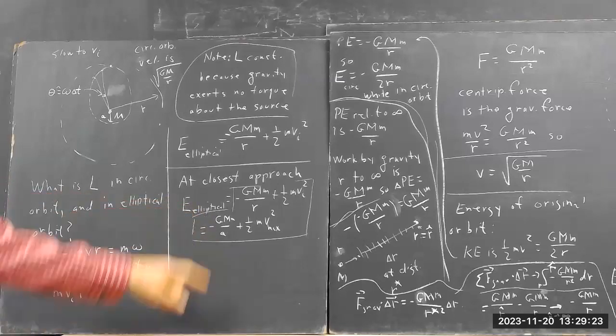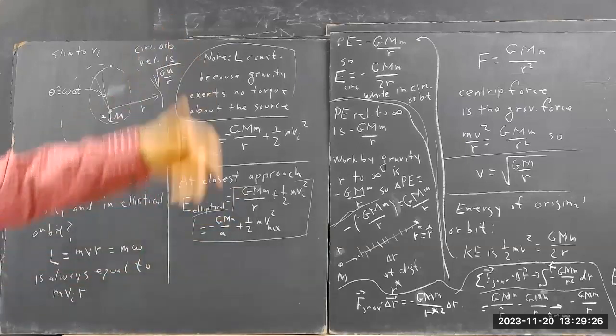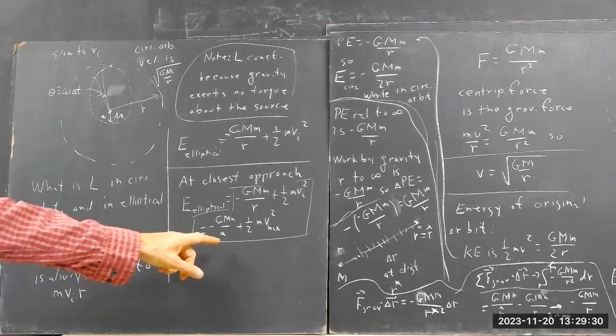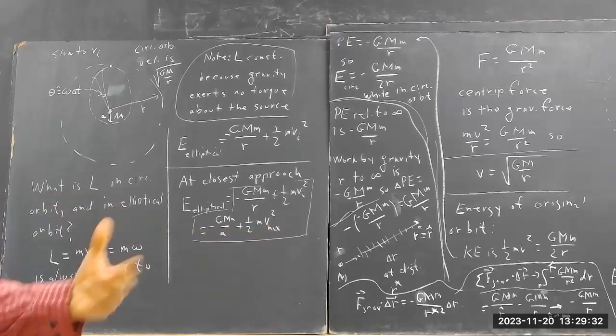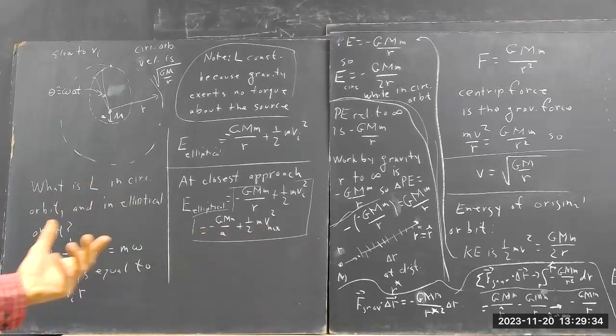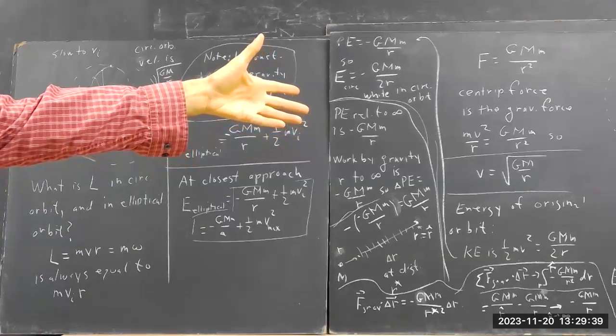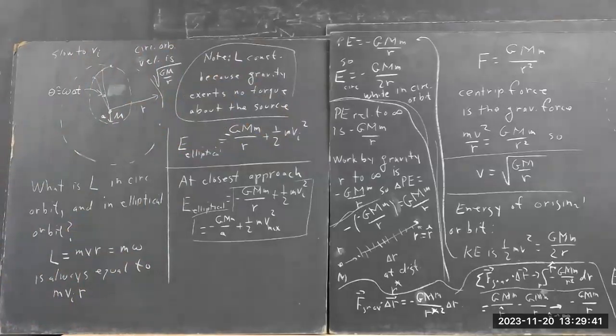Big G is known, big M is known, little m is just whatever mass you decided to make. That leaves you only A and V max. Those are the only things you don't know, assuming you know everything that was given. Okay, so there's only 2 unknowns. So we're going to be able to figure this out if we just have another equation.